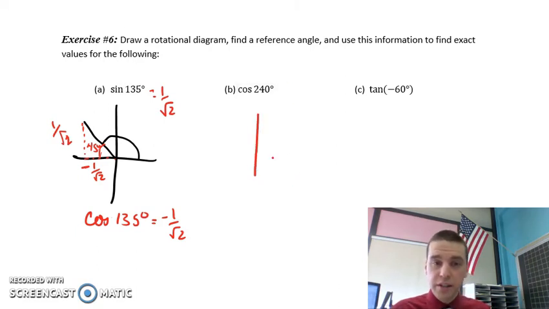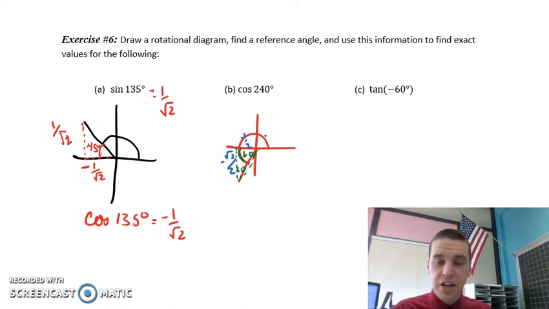Cosine of 240, well, 240 degrees is right there. How far beyond 180 did we go? Well, we went 60. So if we create this triangle, the green portion, that's 60, this is 30, and you need to know those angle measures. We know this is negative 1/2, this is negative square root of 3 over 2.